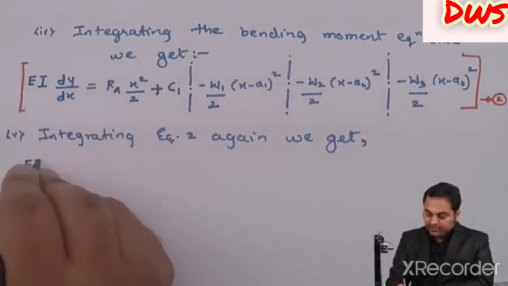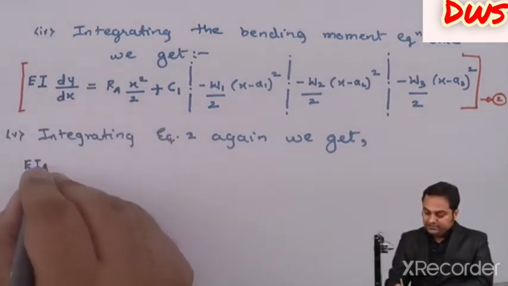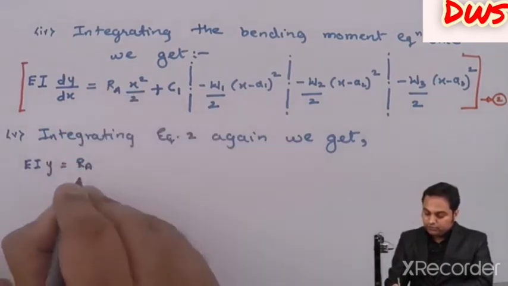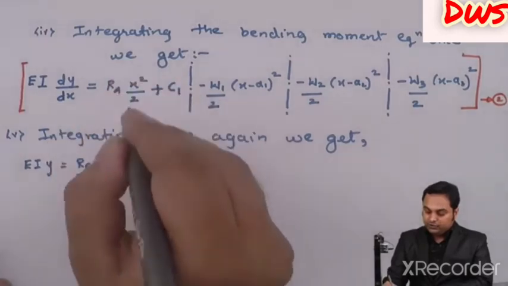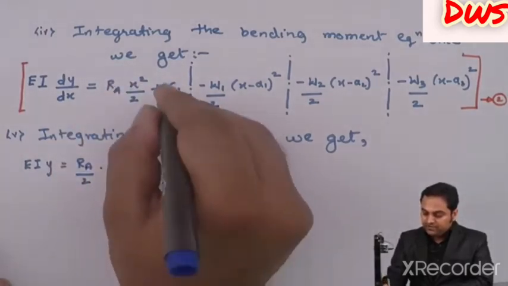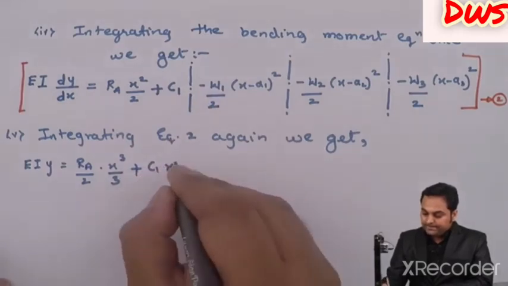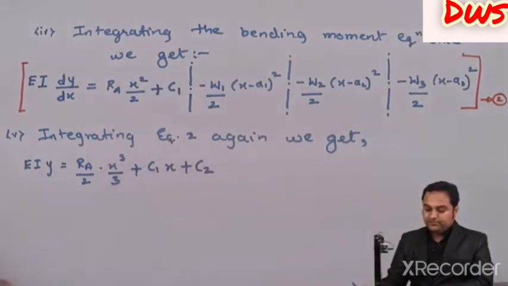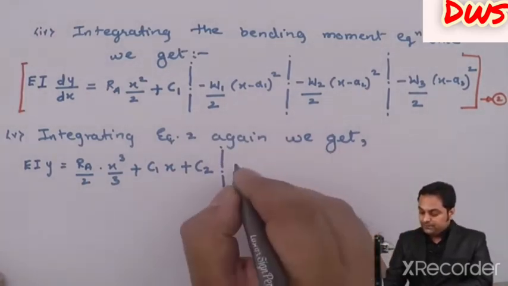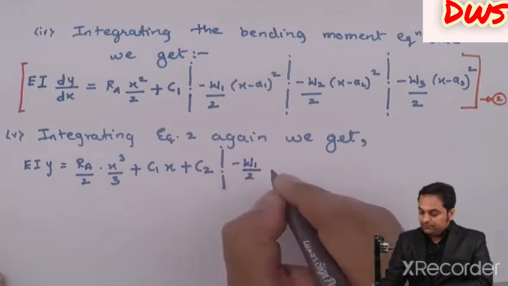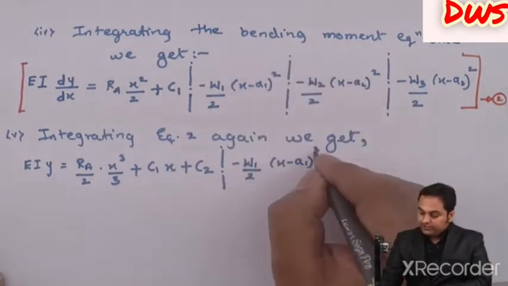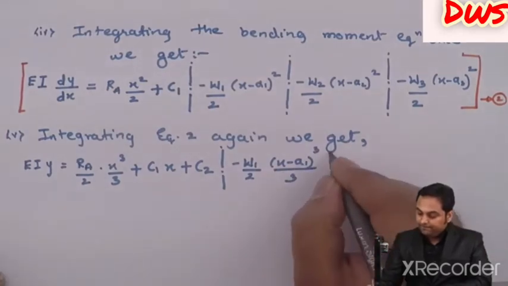So here we have EI, dy by dx integration is y, RA will remain as it is, this 2 will be written here, x square integration becomes x cube by 3 plus C1 into x plus another constant C2, because I am integrating it twice. Next, minus W1 by 2 x minus A1 whole square, integration becomes whole cube divided by 3.